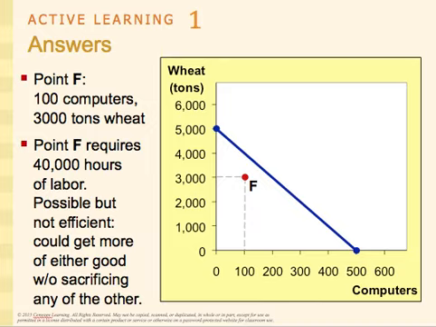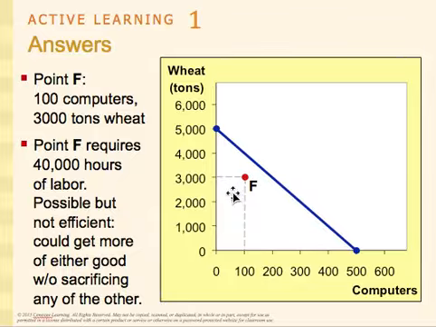So, looking at point F, you can produce 100 computers and 3,000 tons of wheat. But at point F, you require only 40,000 hours of labor. So that's not efficient.